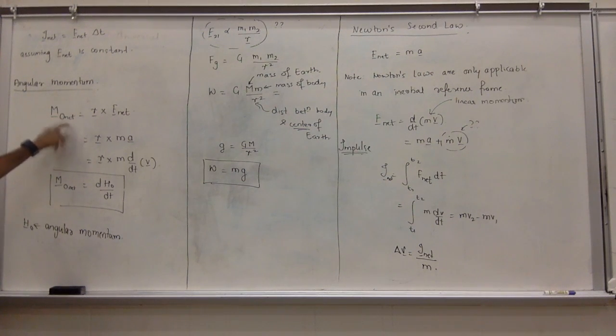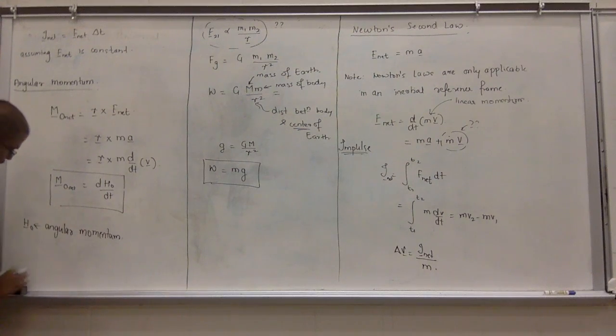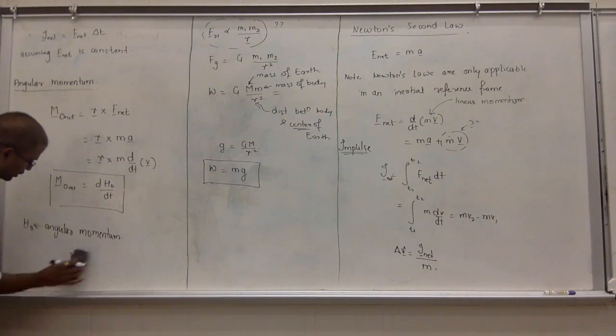M_O net, the net moment, is equal to the change in R cross mV. Do you get it? I can just write this as, let me just do this. So R cross, this is the side.